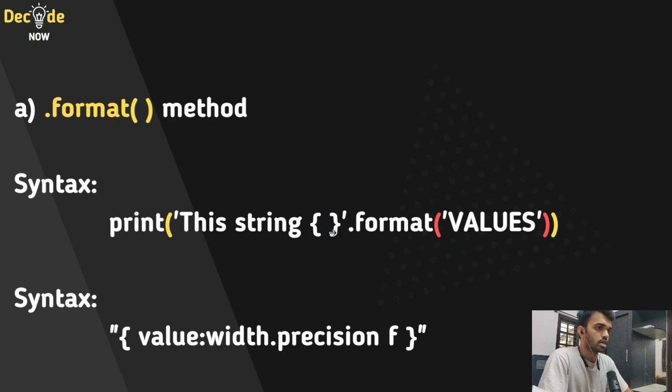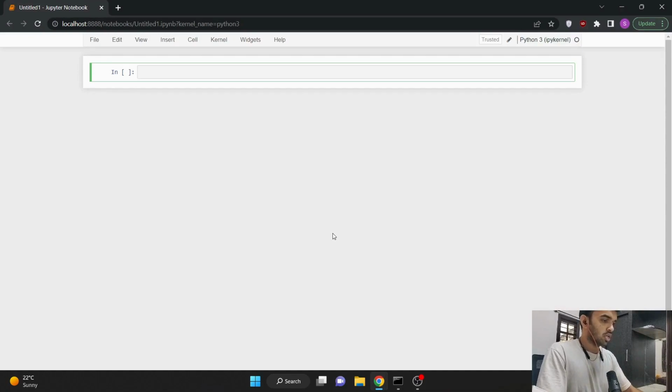Let's look at a few examples of formatting print statements using the dot format method. I can say print, open the string with double quotes, "This is an {} value", and after the string ending, I can say dot format of, and the value that I want to insert within these curly brackets.